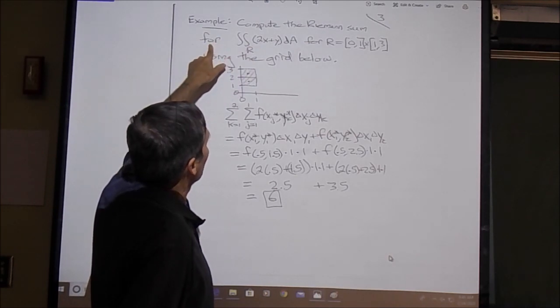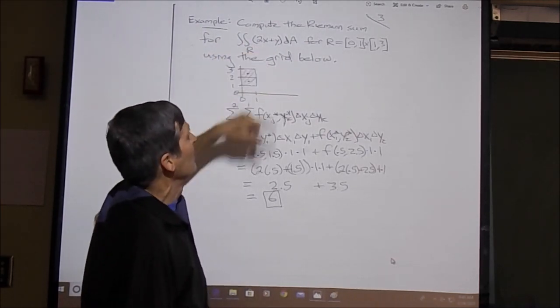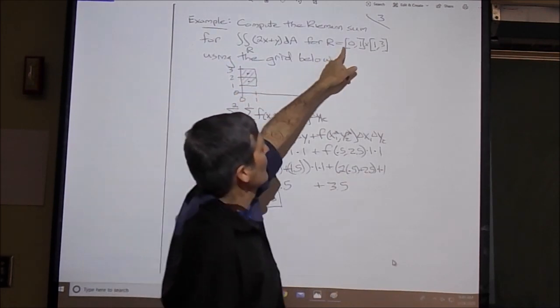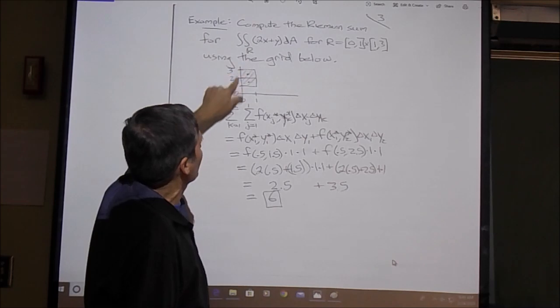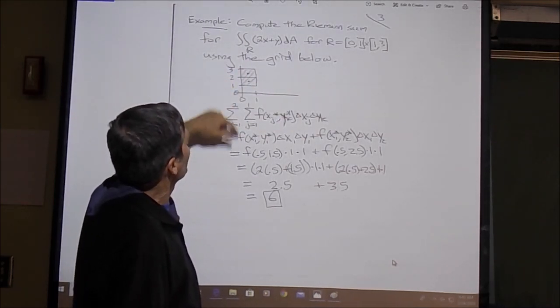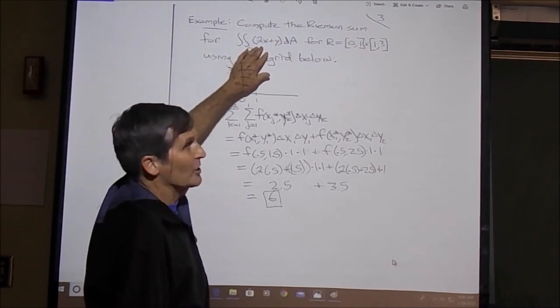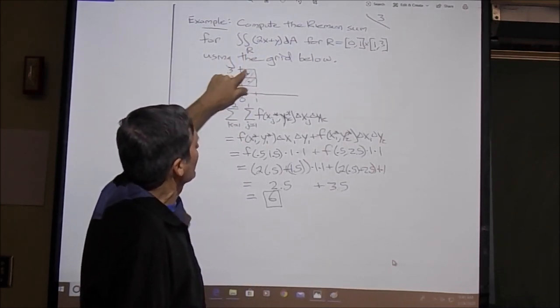If we compute the Riemann sum corresponding to this double integral, which is the limit of the Riemann sum, over the rectangle from 0 to 1 and 1 to 3, using this grid below. Suppose this is my rectangle in the xy plane, and I want to integrate the function 2x plus y, that is the volume below the surface z equals 2x plus y, over this rectangle in the xy plane.